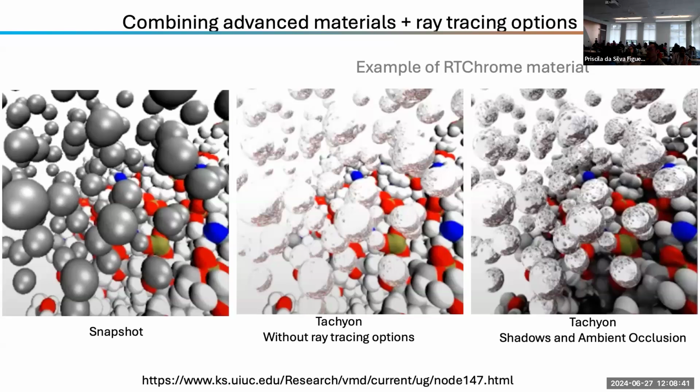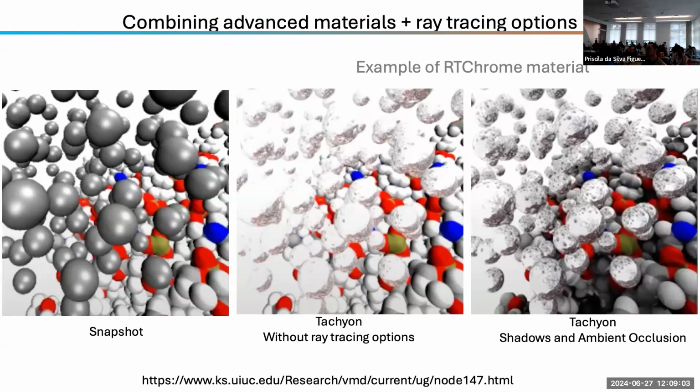And John mentioned that we have a feature that is still experimental, which is real-time ray tracing. So instead of having a single image, you can use, this example is using the Artichrome material, to show this representation. If you use a snapshot, it's ugly or basic.